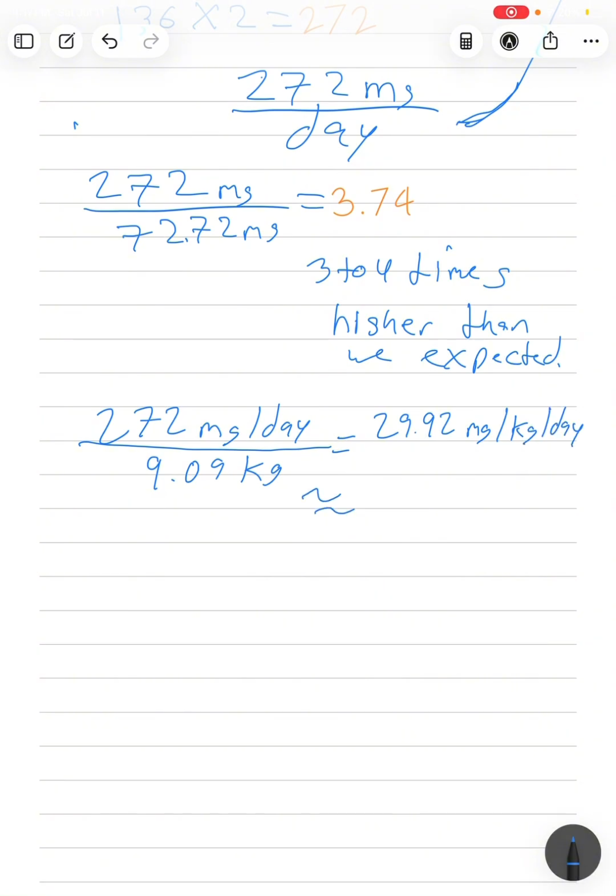We can just round this up to 30 milligrams per kilogram per day. So we can see that this is definitely different than the suggested 8 milligrams per kilogram per day.